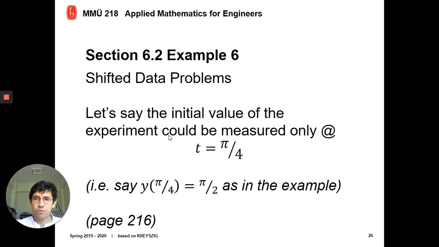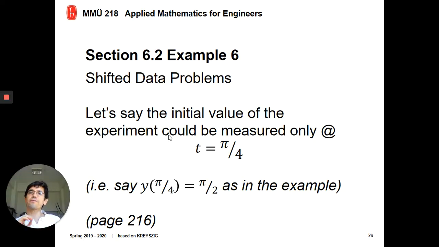I seem to have no initial values, time zero values, but actually I'm measuring it at a random future time like pi over 4. In that case, I can shift my data. It's not shifting the time, it's not shifting the frequency, it's shifting the data in a sense.